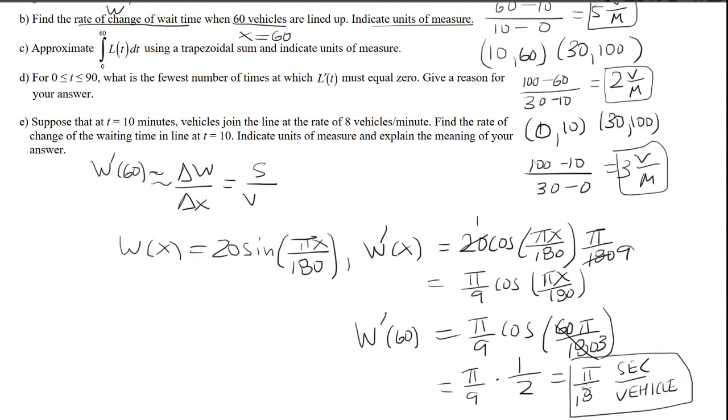So when 60 vehicles are lined up, the waiting time is changing at pi over 18 seconds per vehicle.